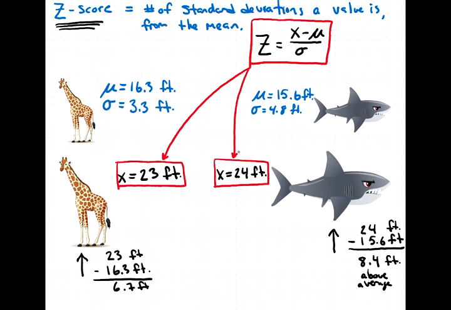And the animal with the larger z-score is further from our average relative to the standard deviation of its set. And so now we could compare the two numbers directly.